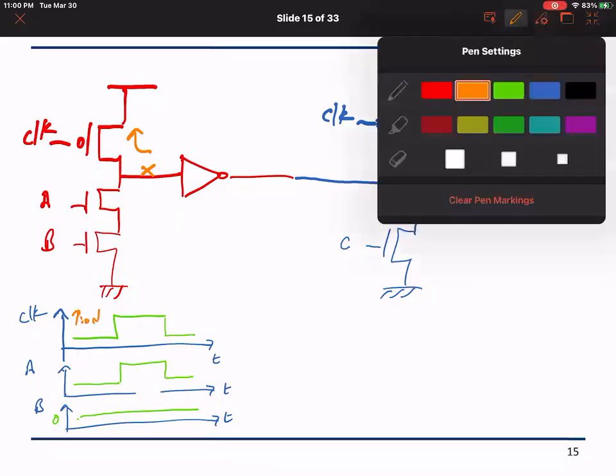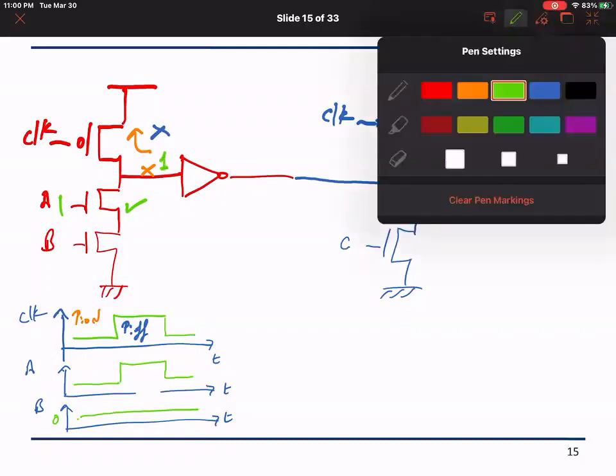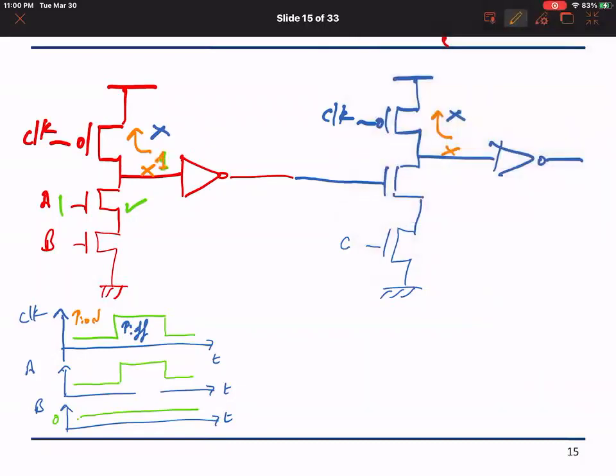And then when the clock turns high, the PMOS will be off, and so this path will be disconnected. Now we have A is 1, and this was initially 1. This was pre-charged high.